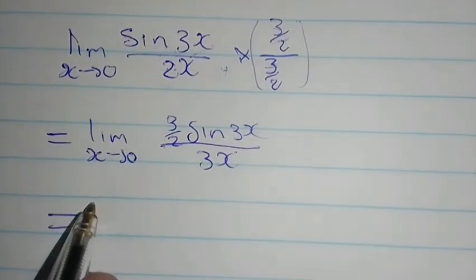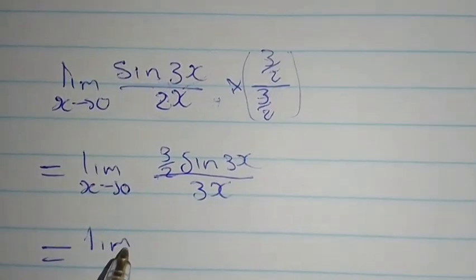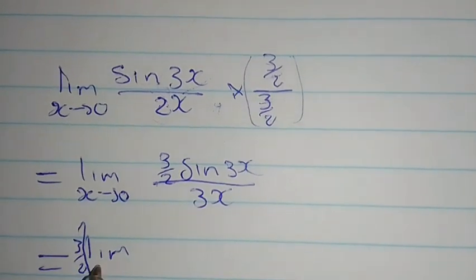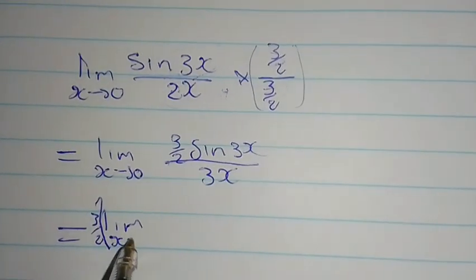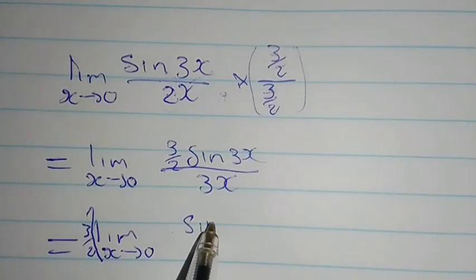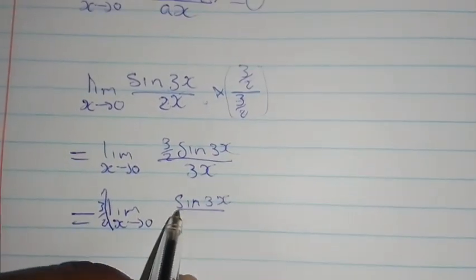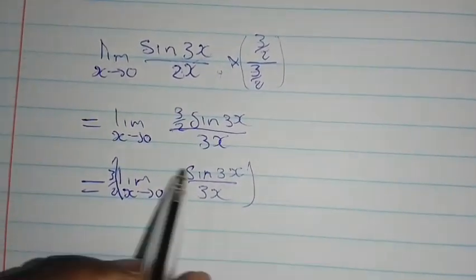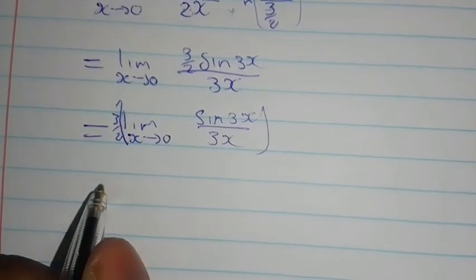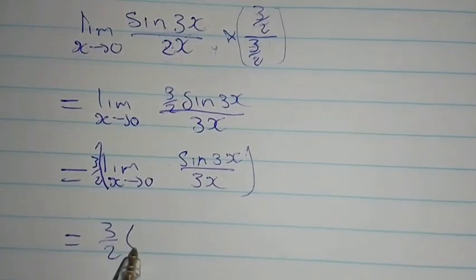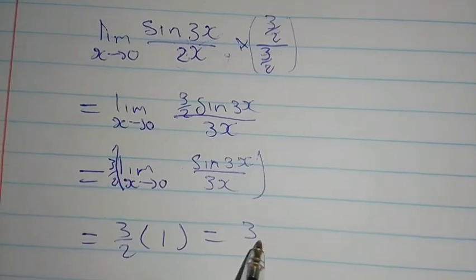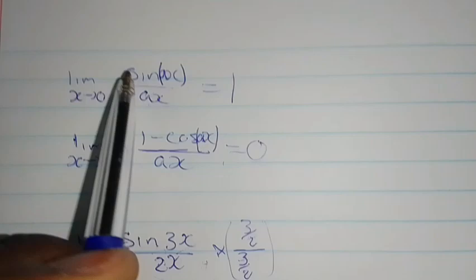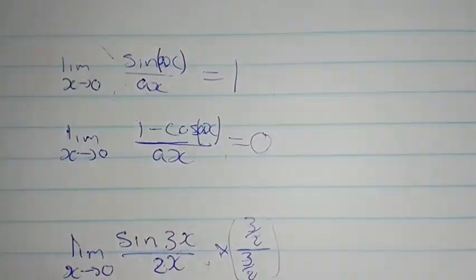Then you can take the 3 over 2 outside, properties of limits. Then you'll have 3 over 2 times the limit when x goes to 0 of sine 3x over 3x. This limit is known as what? It's 1. So you'll have 3 over 2 times 1, which is the same as 3 over 2, which is 1.5. So just familiarize yourself with these two formulae.